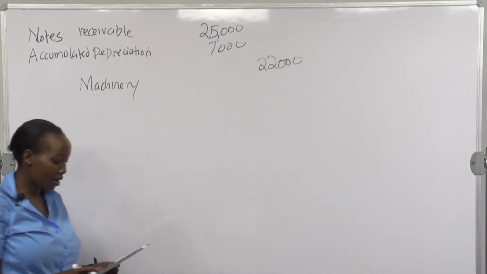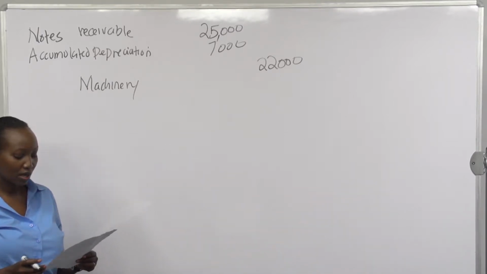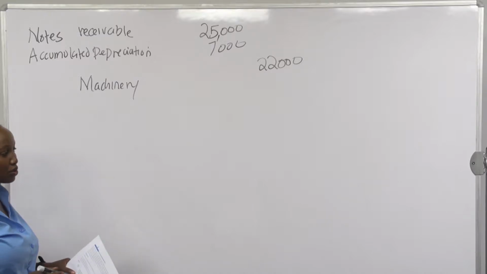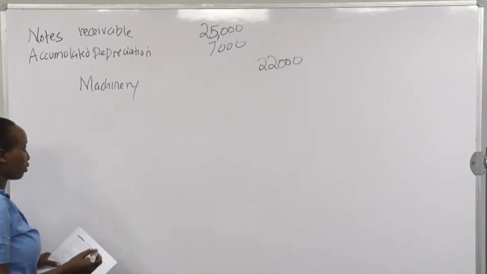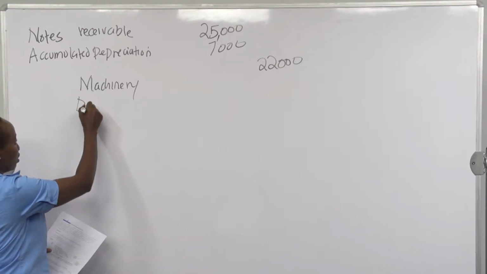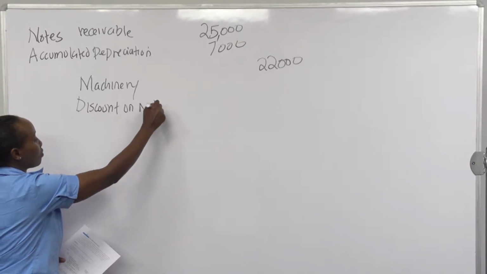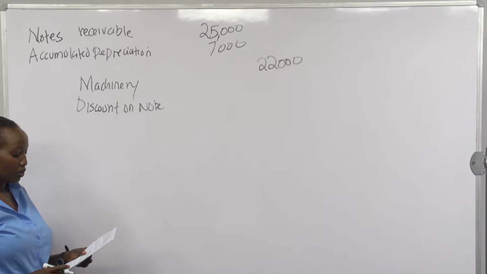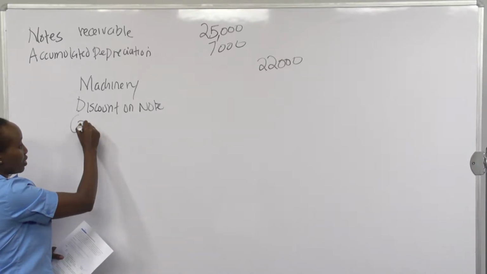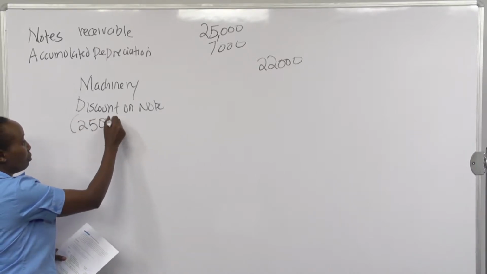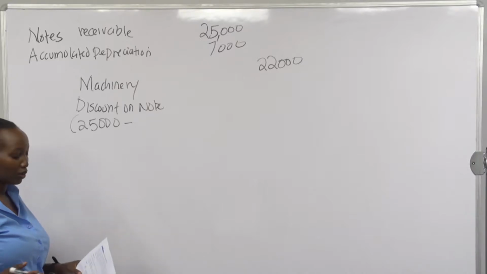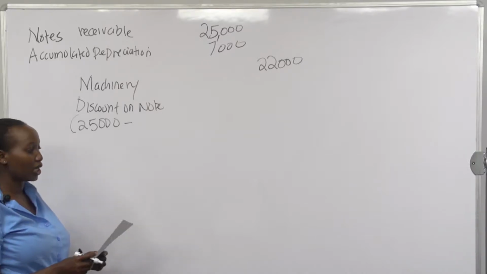We also have a discount on the notes. To figure out the discount on the note, the note is at $25,000, but we can figure out the present value because we have the rate.